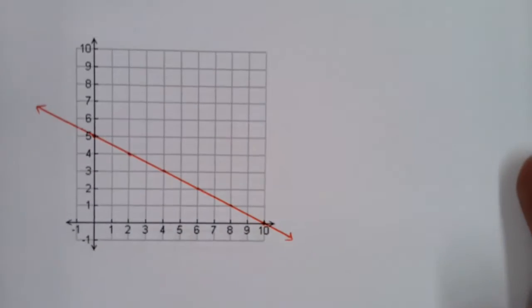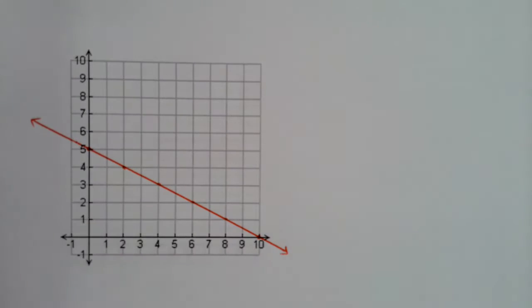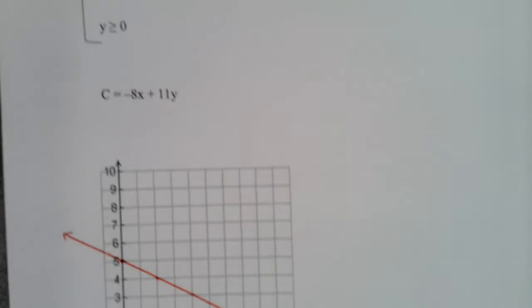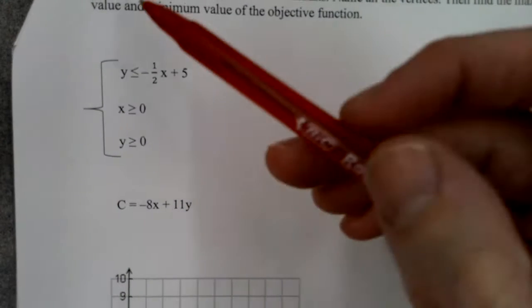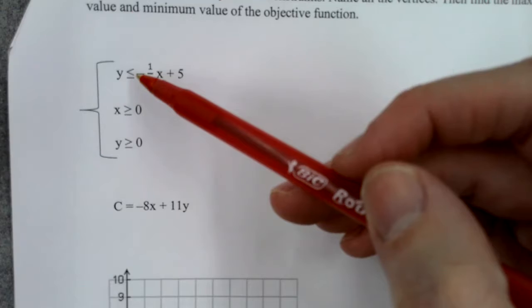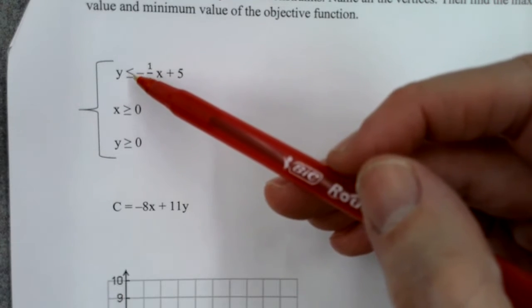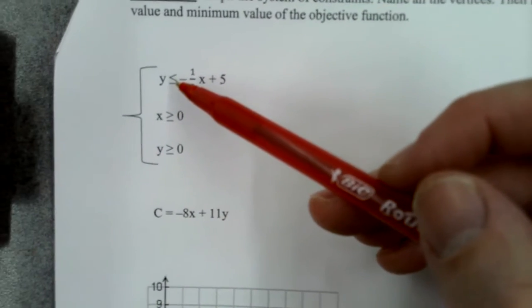Let me graph that. Okay, now we have to shade that. So, if you remember, if your inequality is in y equals mx plus b form, and it's less than or less than or equal to, it means shade below. If it's greater than or greater than or equal to, it means shade above.